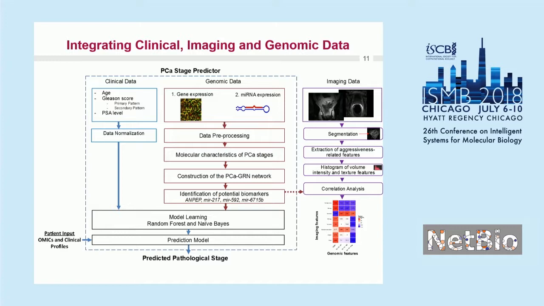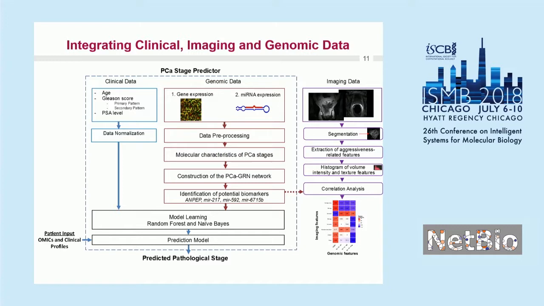We used our approach in order to identify these sub-networks, and from the sub-networks we identified potential biomarkers, 3 microRNAs and 1 gene. Then we use these biomarkers beside the clinical data in order to better predict the pathological stages of prostate cancer patients.